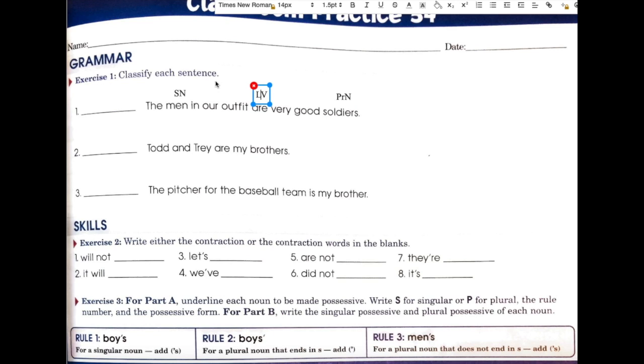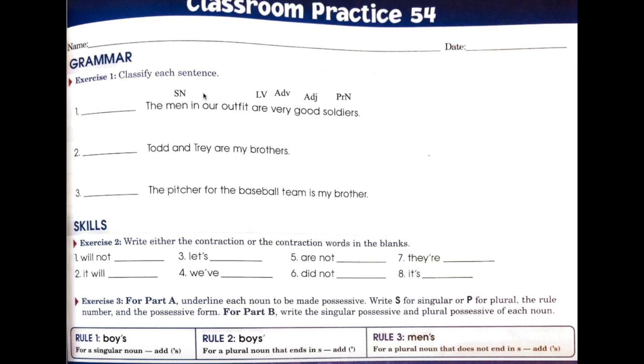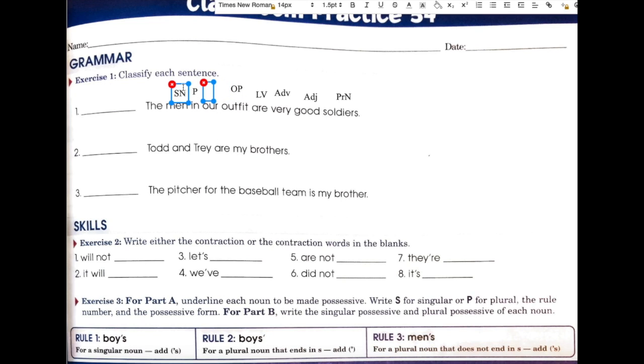What kind of soldiers? Good. Adjective. How good? Very good. Adverb. In is always a preposition. In what? Outfit. Object of the preposition. Whose outfit? Our outfit. Possessive pronoun adjective. The is always an article adjective.